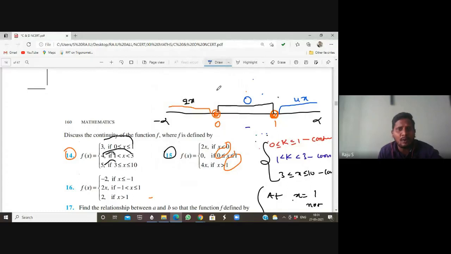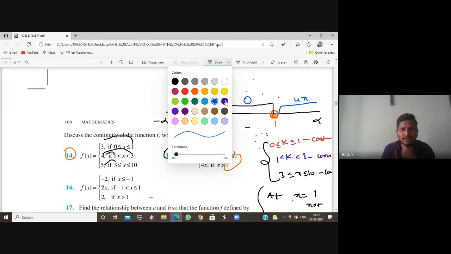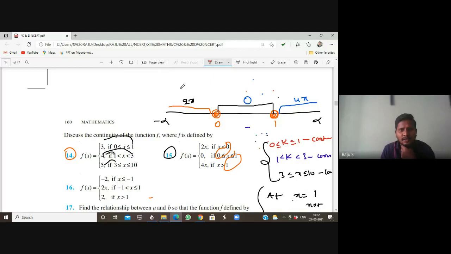So finally, how many cases they given? Overall, they given 5 cases, that I will write here. Look at once. First one is k lesser than 0, the function is 2x. Second case, k is equal to 0.